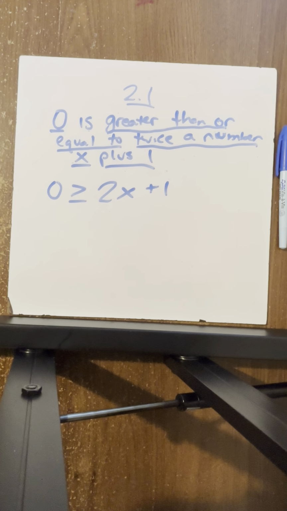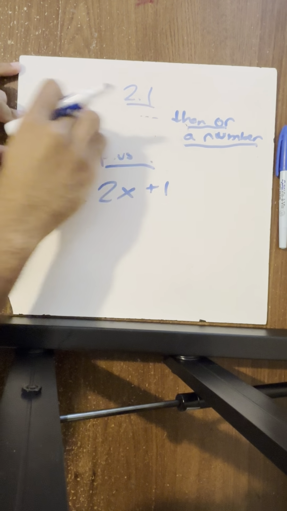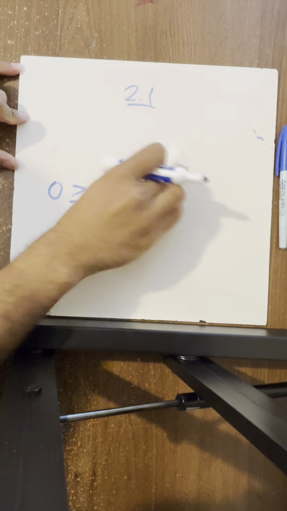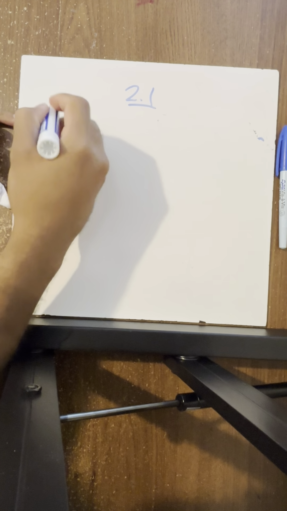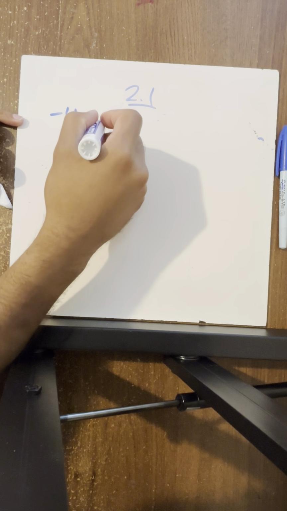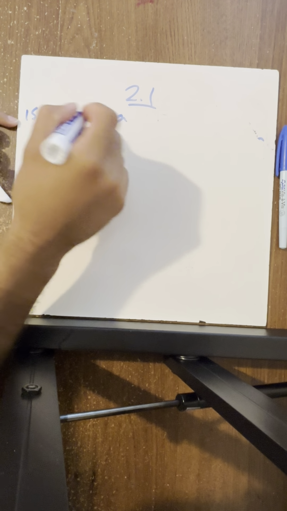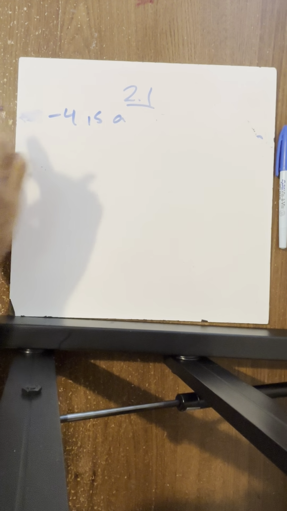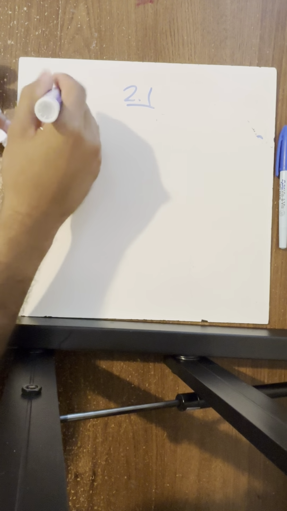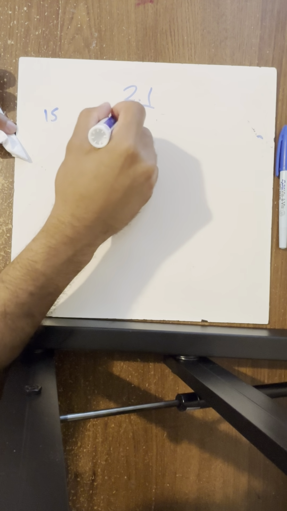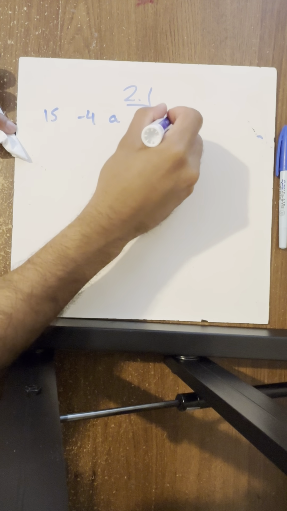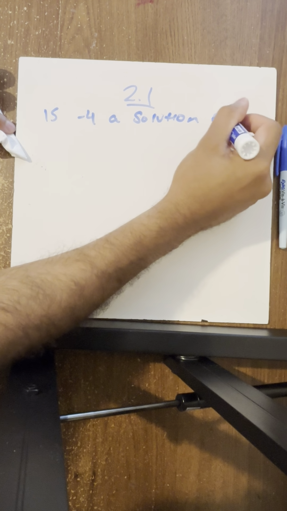All right, let's take a look at the next concept. If they say tell whether negative 4 is a solution of the inequality, they'll say something like, is negative 4 a solution of the inequality?